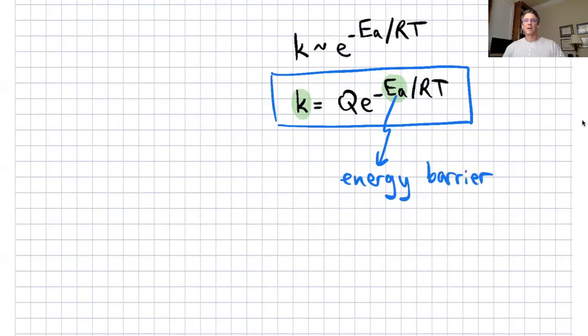For a given rate constant, any collision with enough energy at or in excess of that energy barrier has enough energy to react. Any collision with energy below that is not going to react. This is also sometimes known as the Arrhenius energy.